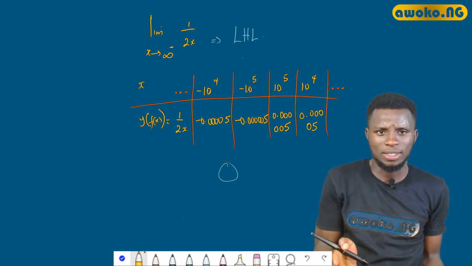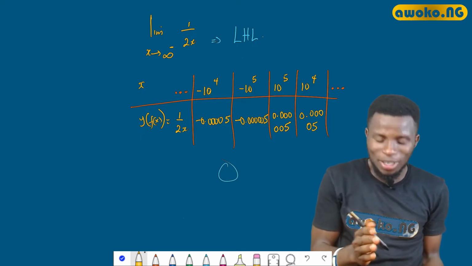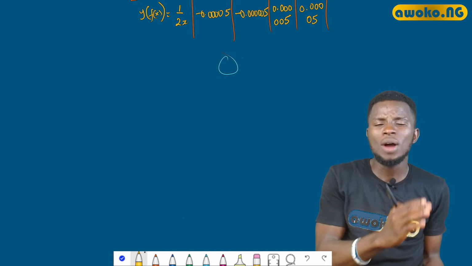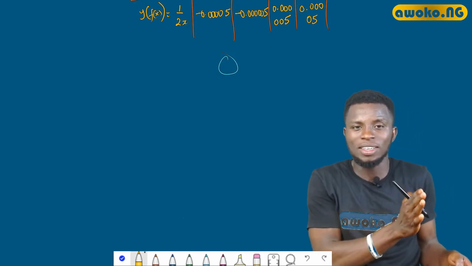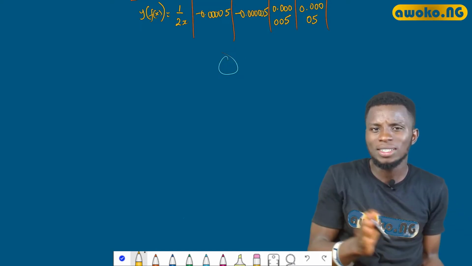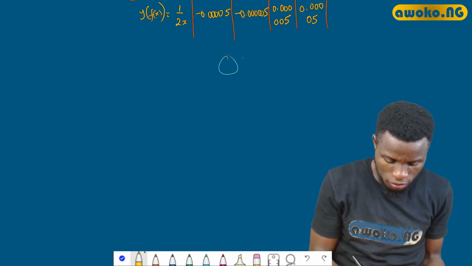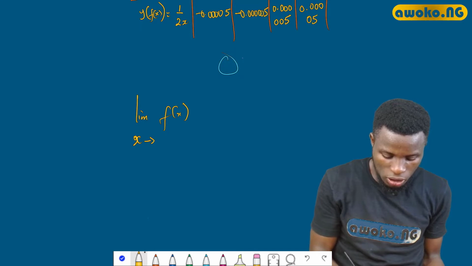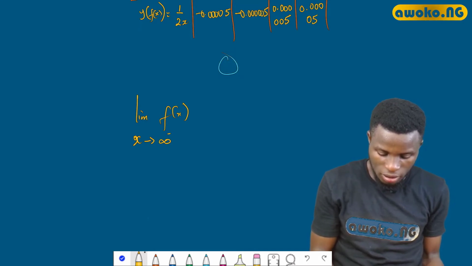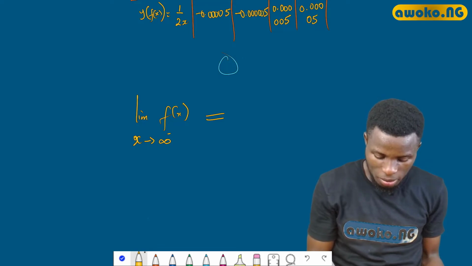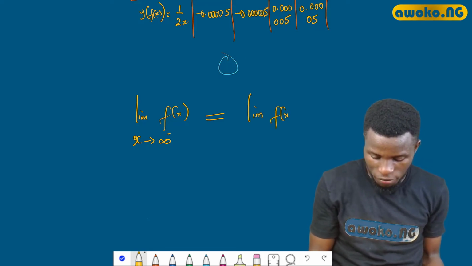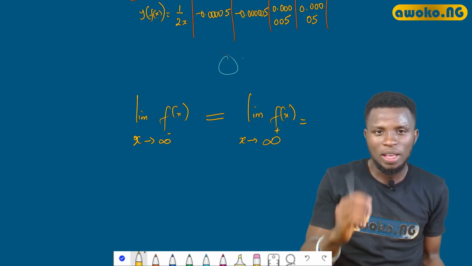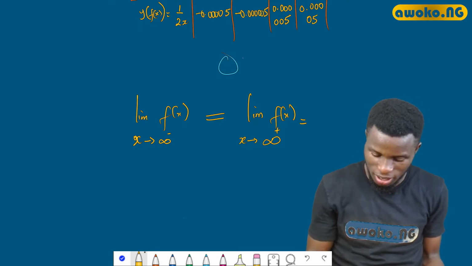So we can conclude that the limit of any value whatsoever, insofar as the value approaches infinity from either the left or the right, if you have the limit of a function of x as x approaches infinity from the left, will be equal to the same if f of x approaches from the right, and this will definitely be equal to a definite value, which is 0.